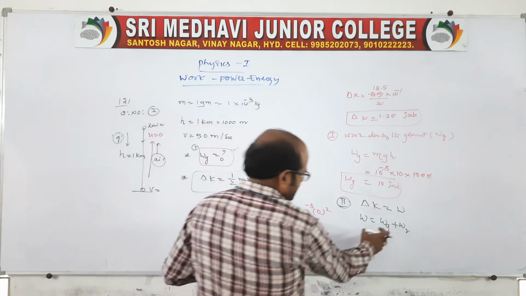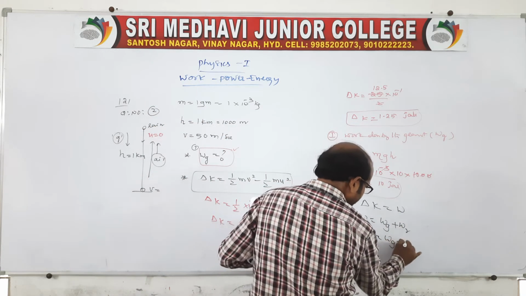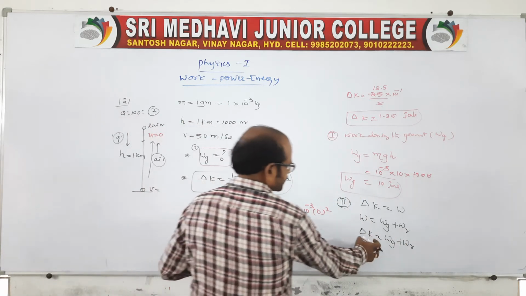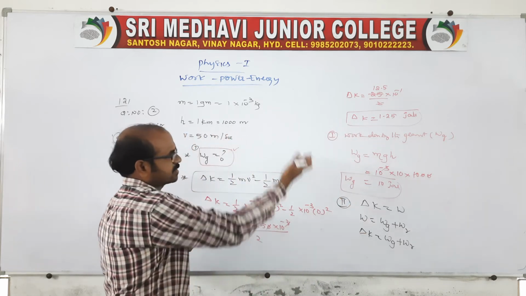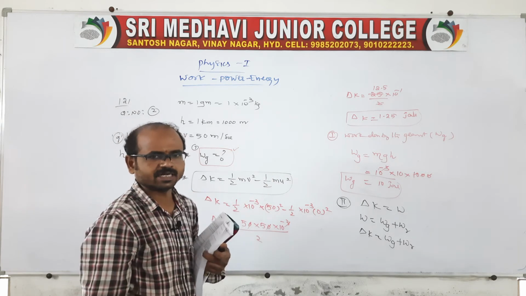Then substitute here, delta k is equal to Wg plus Wr. So, we know Wg of course, and we know delta k. See, this is the use of delta k, otherwise it is not required.